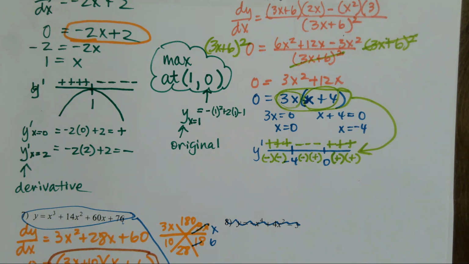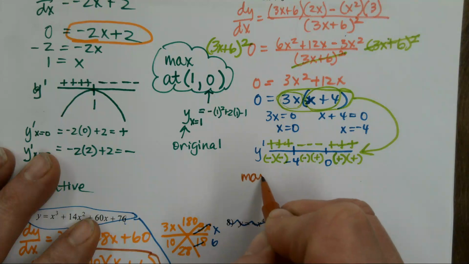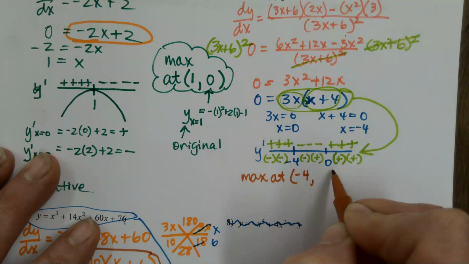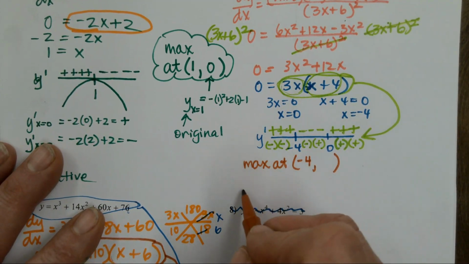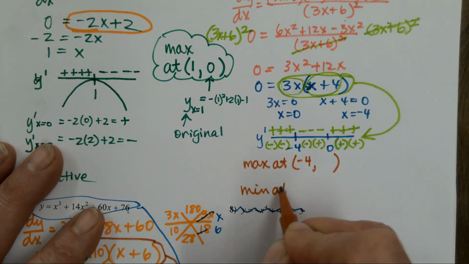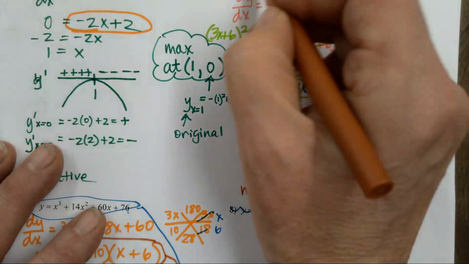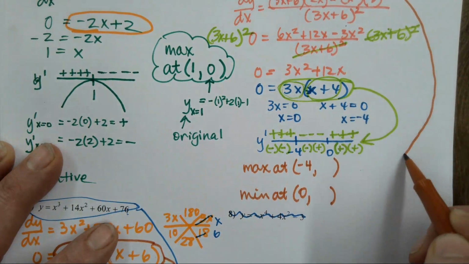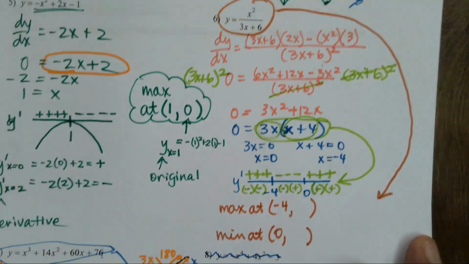So I finish this off by saying I have a max at -4, comma, something, and I have a min at 0, comma, something. And I have to use my original function, bringing that down here to figure out what those are. Original function way up at the top.